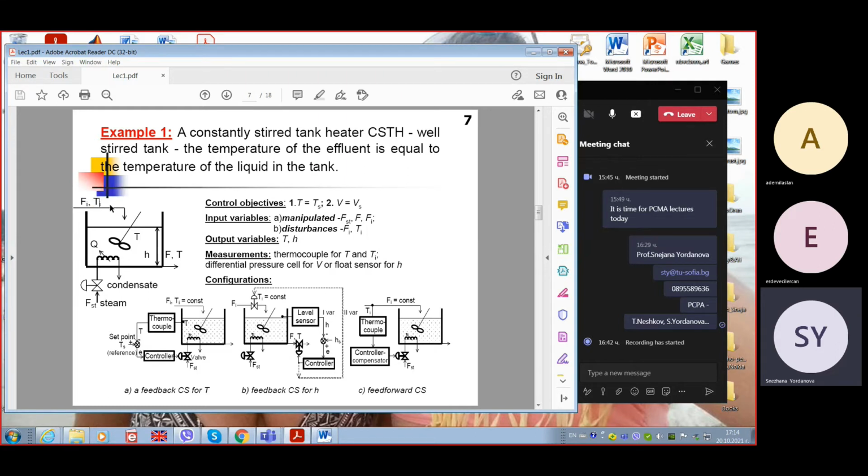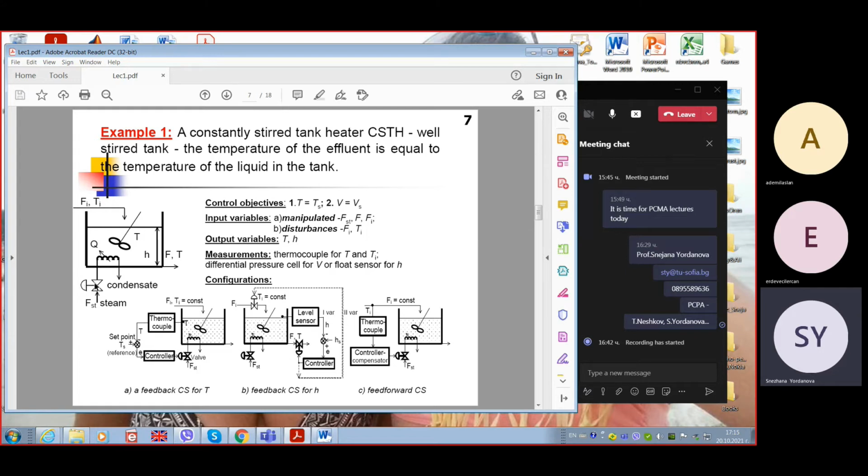These are the initial temperature of the fluid. In the tank, we have to control the level and the temperature. To control the temperature, we need this serpentine, a piping system through which we pass hot steam. The flow rate of the steam is controlled through this valve and actuator.